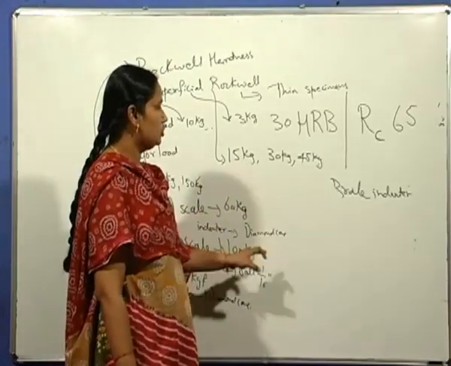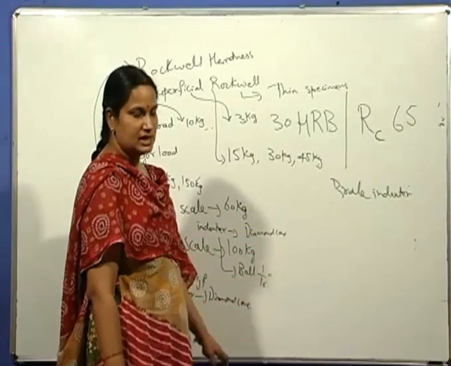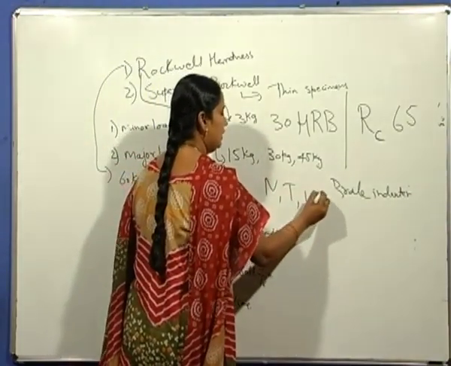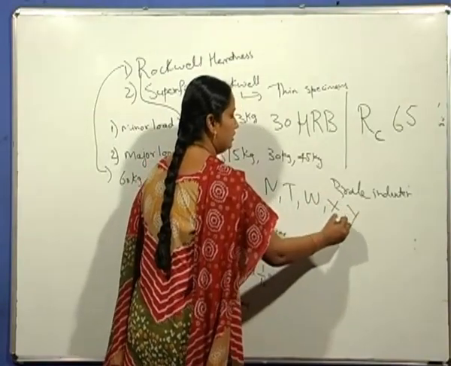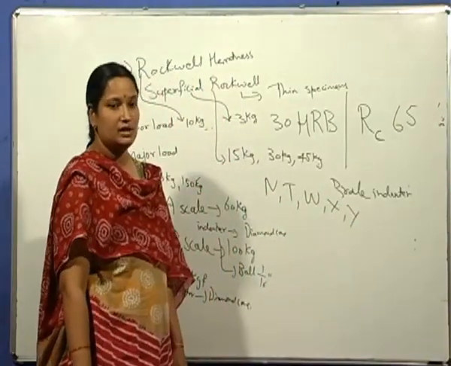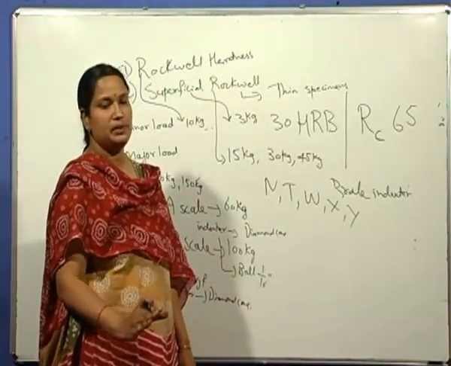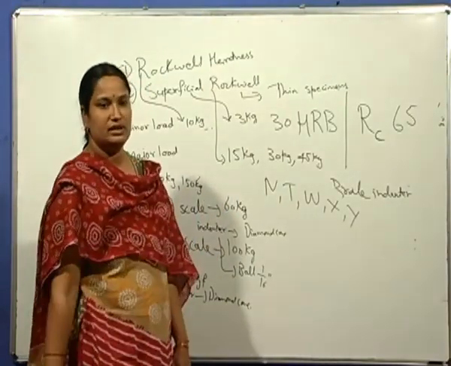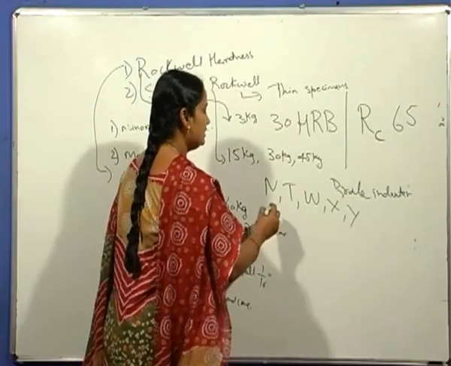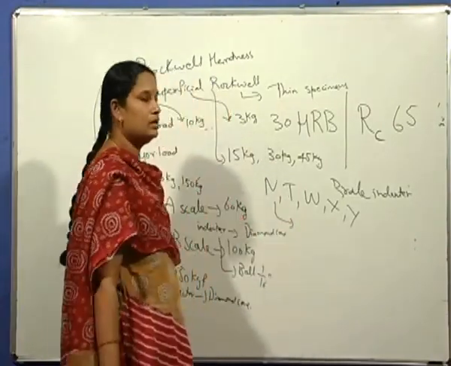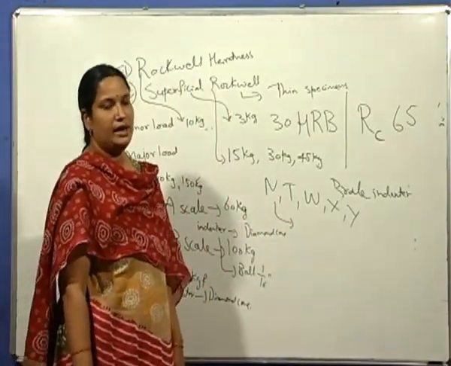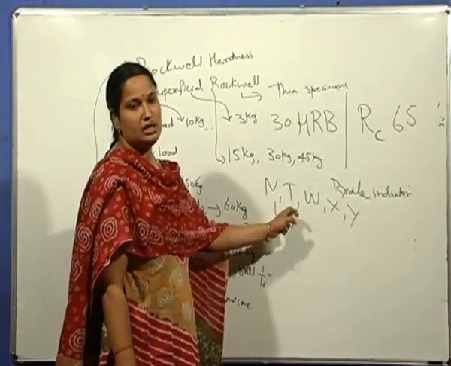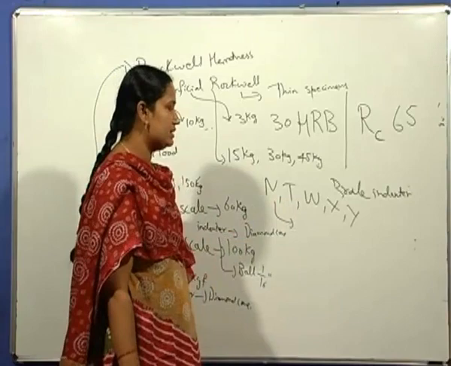And for the case of superficial, the various scales that are used are N, T, W, X, Y. These are the various scales which indicate a particular combination of major load and the indenter that is used, where N stands for a 30 kg load and the indenter is a diamond indenter. The T scale is used for soft materials.